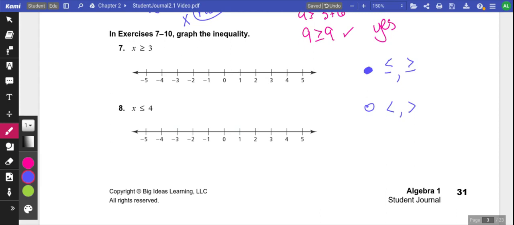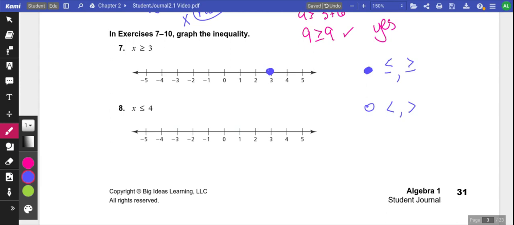Over here it's saying x is greater than or equal to 3. Before I think of anything else, it's including or equal to, so I can shade in my circle. It's a closed circle.